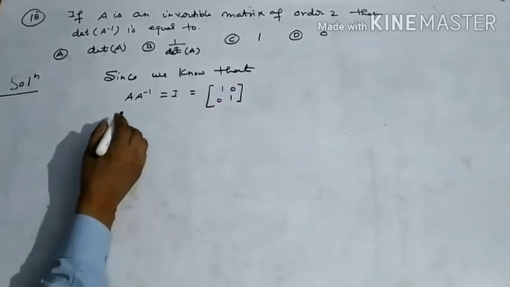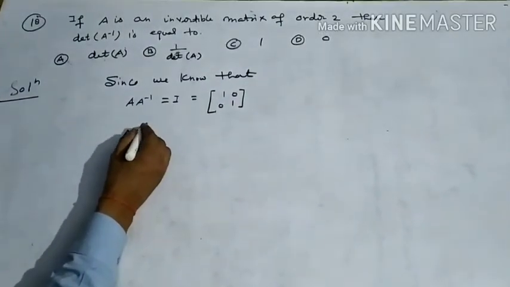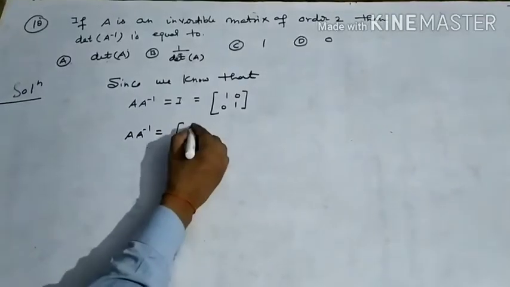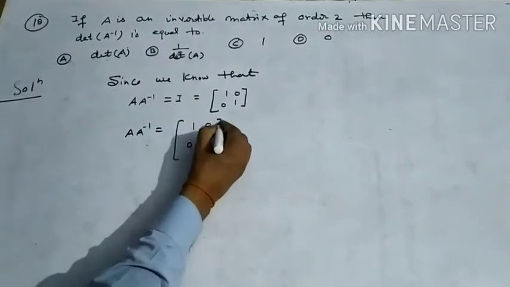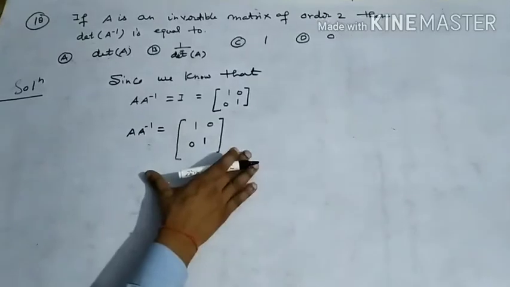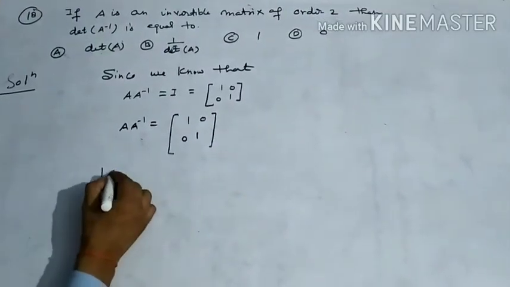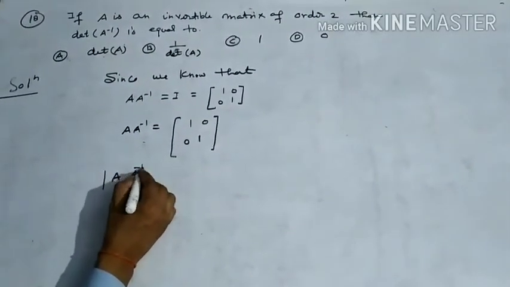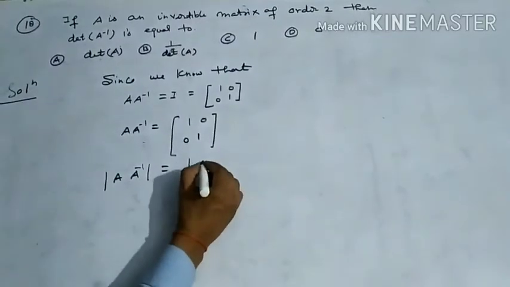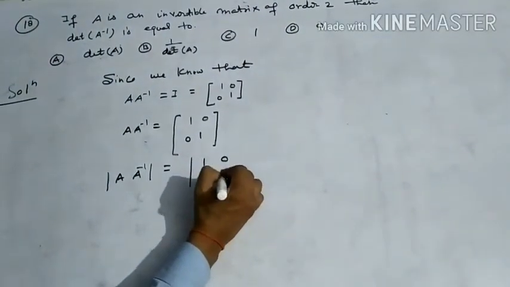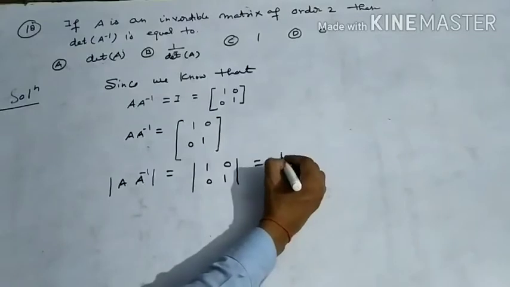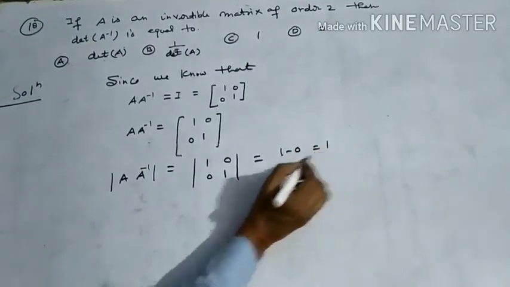Now A into A inverse is 1 0 0 1. When we find the determinant, determinant of A into A inverse is equal to determinant of 1 0 0 1, which is 1 minus 0, which means 1.